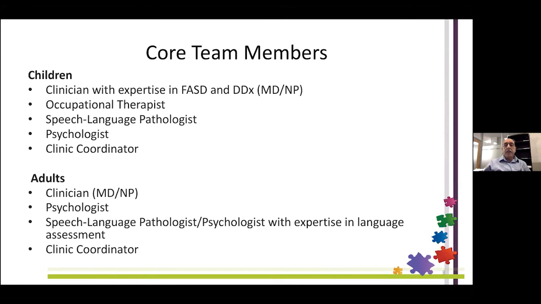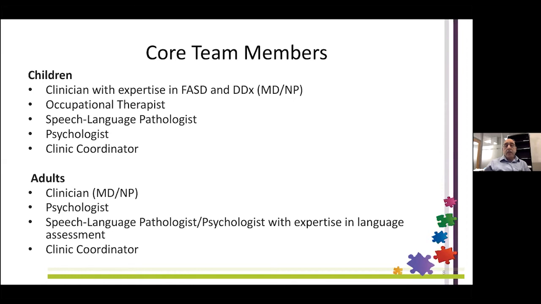And you can see that we would need a clinician who has expertise in FASD and differential diagnosis. So a physician or a nurse practitioner. Some of these physicians may be subspecialists like a psychiatrist or a geneticist. There may be a family physician who may do that. So somebody who's well versed and is knowledgeable.